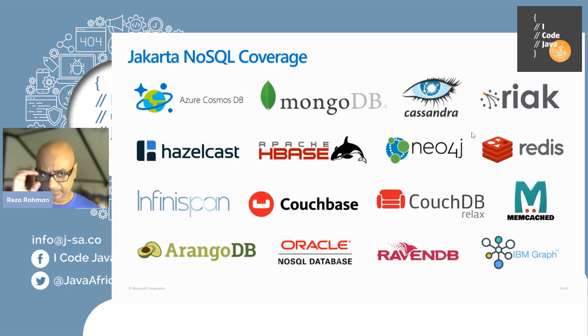I will say, probably out of all of the Java APIs, this may be the API that supports the most NoSQL databases. So quite a bit of diversity in terms of the type of database that you want to support.